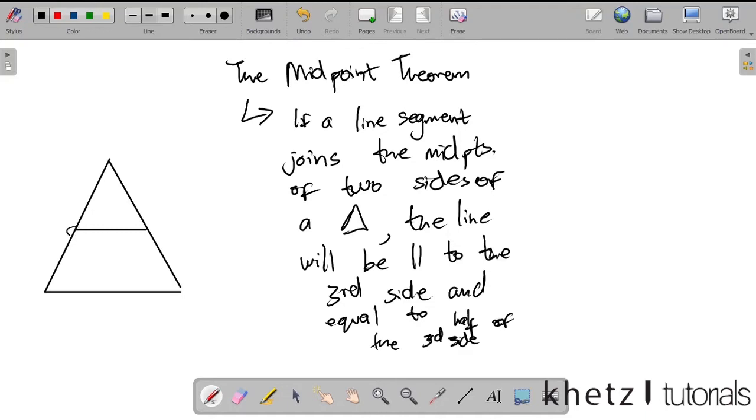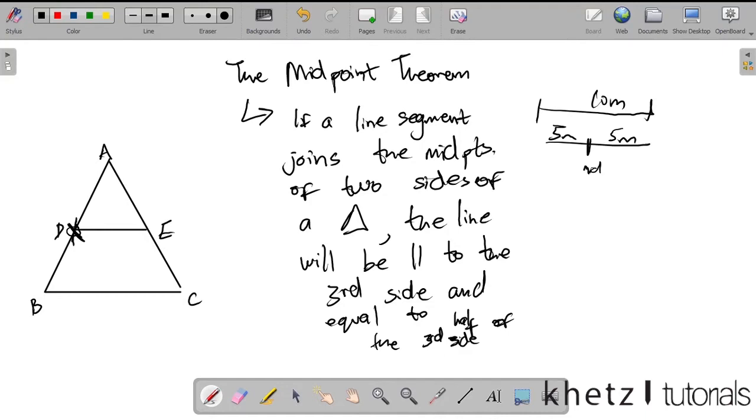So let's say this is the midpoint of this side, which is AB. Let's call it D, and here we're going to call it E, and this is going to be C. If this line were 10 meters, then the midpoint would divide this line into 5 meters and 5 meters.